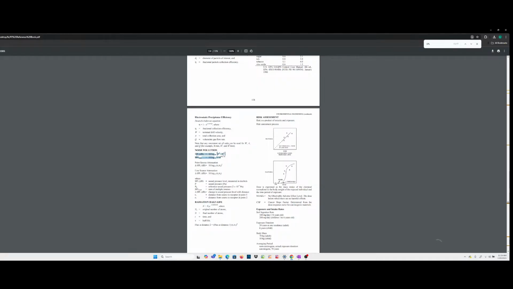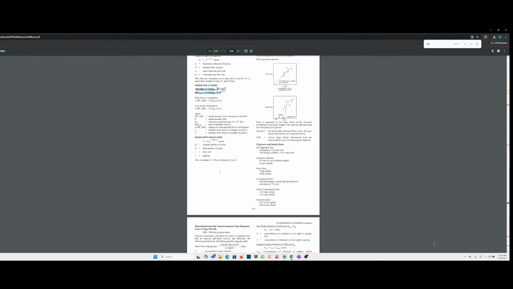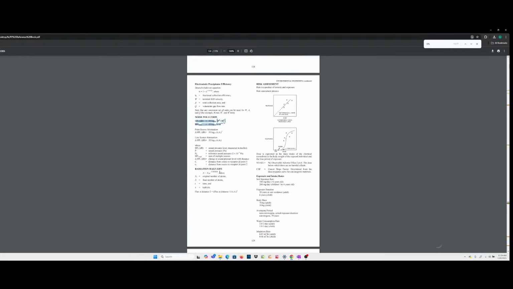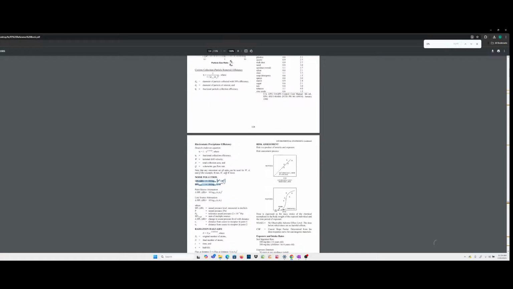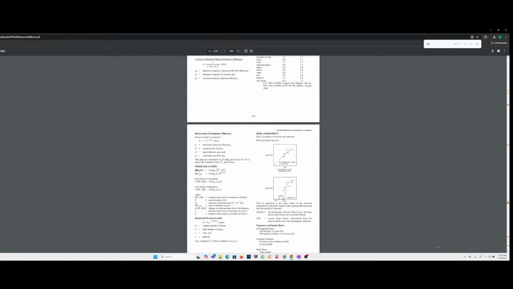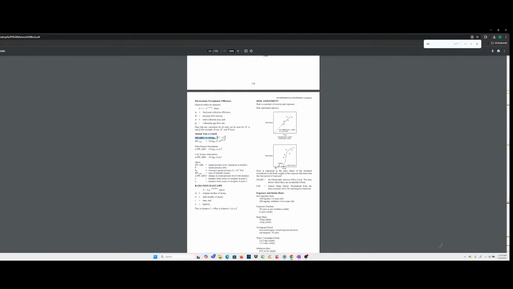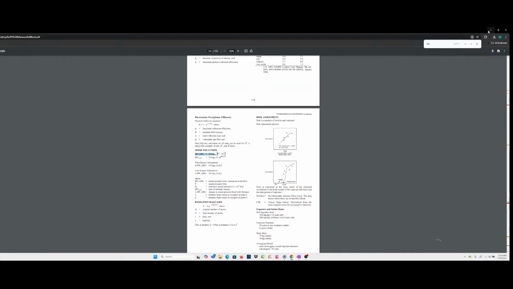I know in the exam they'll give you everything you want, but I don't know why the formulas are not here. I'm only seeing the SPL total. I'm looking for the formula for the exposure time limit. Okay, I don't think it's here.